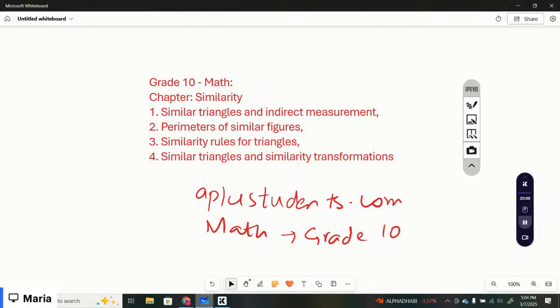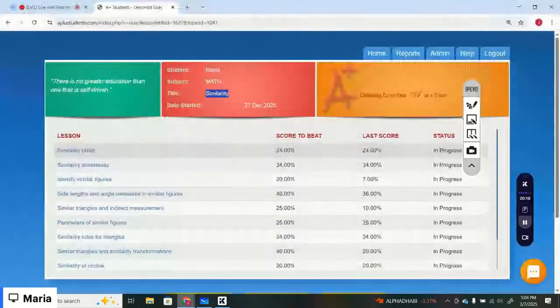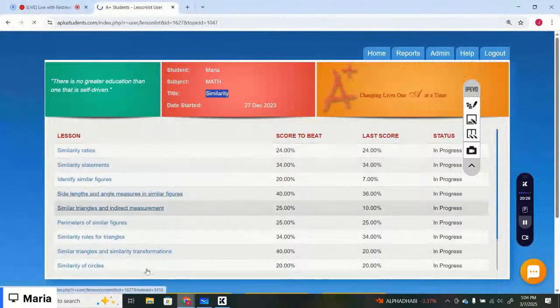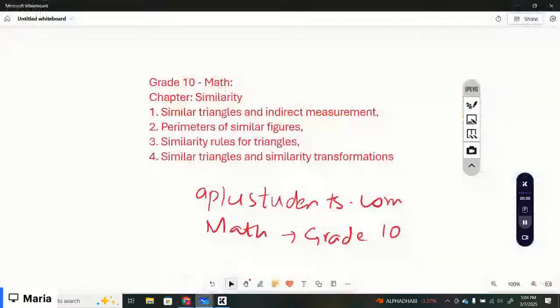So please make sure you have your notebook and pencil so that you can note down the important examples and definitions as well. Let's just start with the lesson that is similar triangles and indirect measurement.